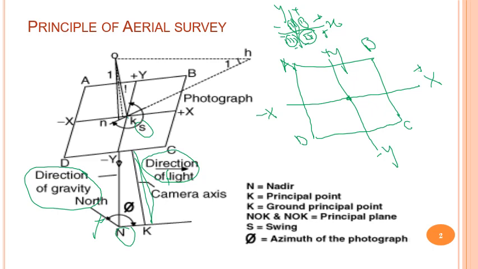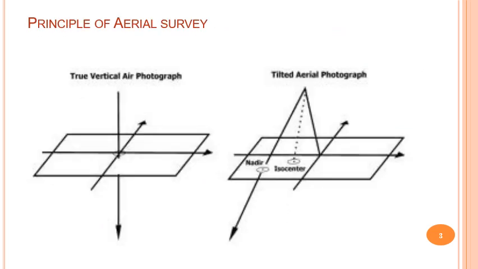Now we observe here this is the photograph, and we are showing all the details. Now this is the true vertical plane. Already we know the true vertical plane: it is perfectly vertical, making 90 degrees with the camera axis, and the vertical line matches here with the nadir and isocenter.